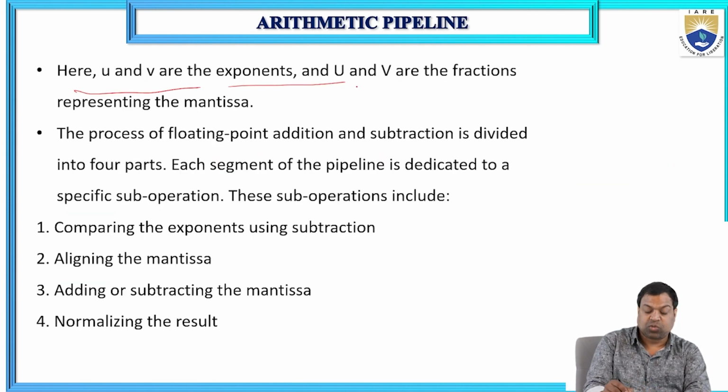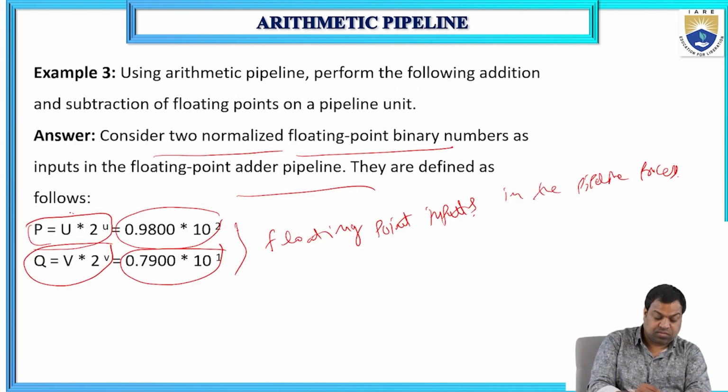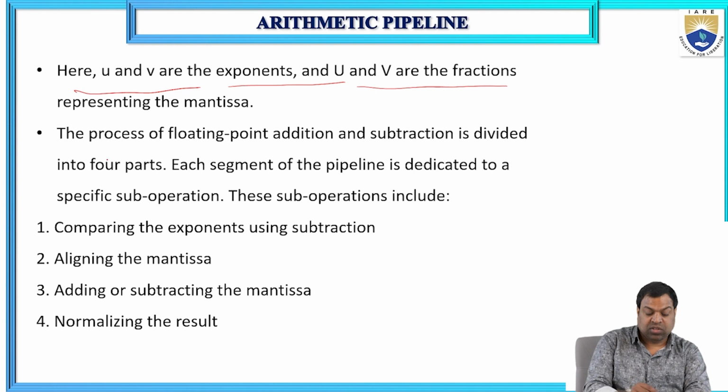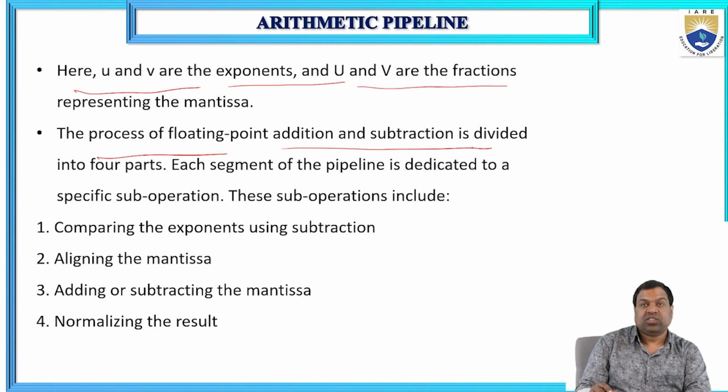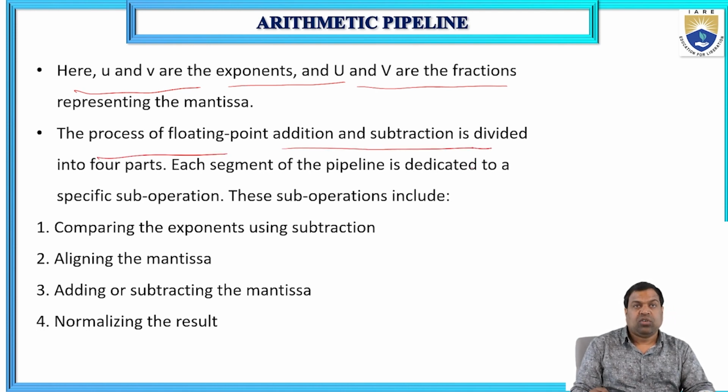Here u and v are the exponents. Capital U and V are the mantissas. So the process of floating point addition and subtraction is divided into four parts.